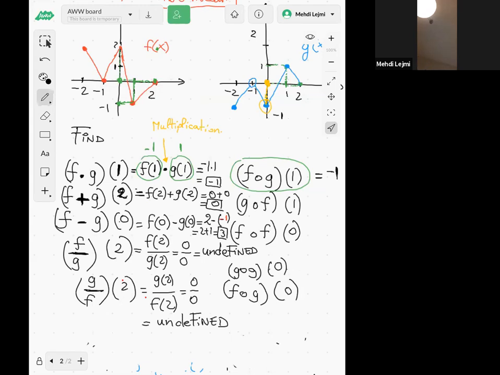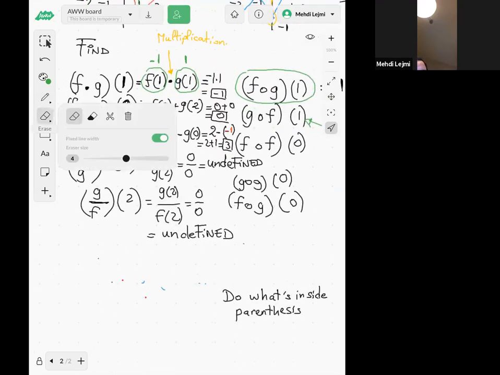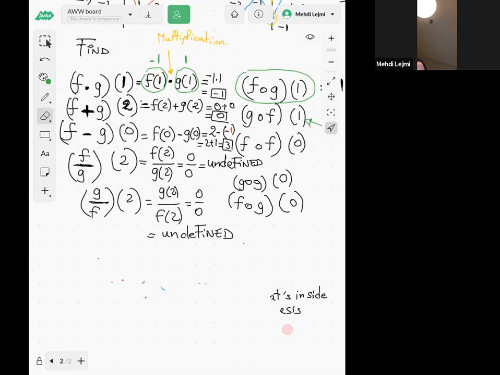All right, now next it's this g composed with f of 1. So I'm going to do it in the bottom here. Okay, so let's forget about this. All right, so we're gonna do g composed with f of 1.